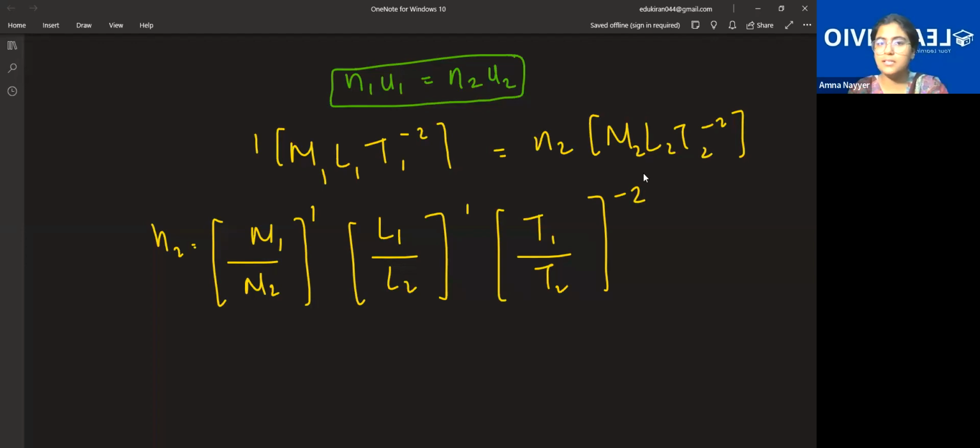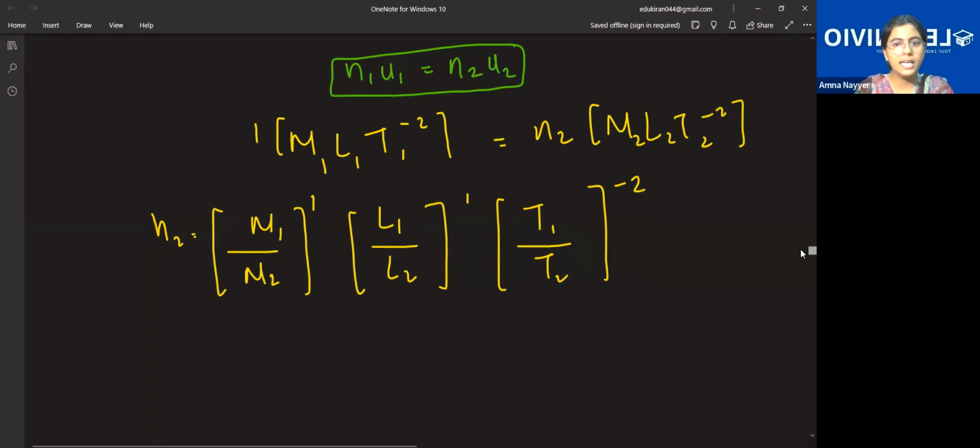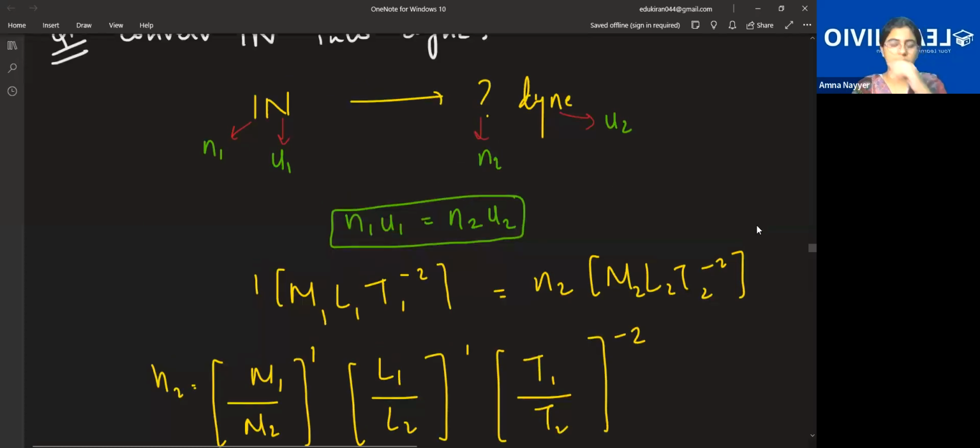Is this clear? See, this is because N1 was 1. Otherwise, N1 would have also been divided at the end. Now what do we do? SI unit is written in terms of SI unit only, and CGS will be elaborated in terms of CGS. First tell me, till here, the solving part till this step is clear to all of you? Yes, ma'am. Okay.